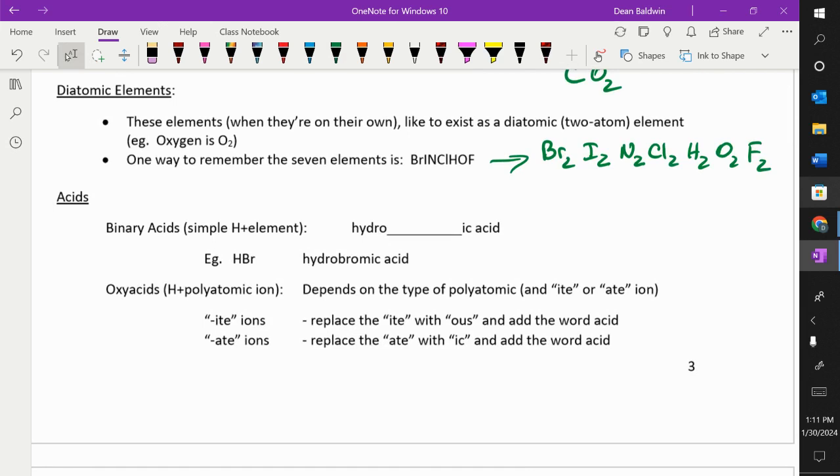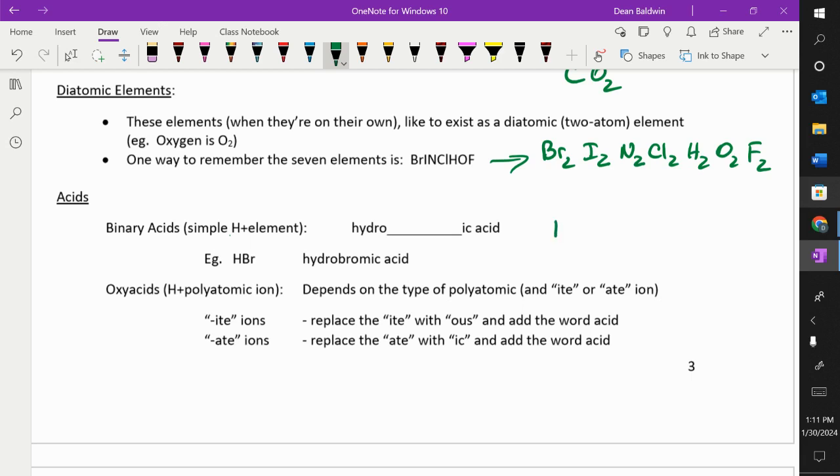And then the last thing, we're doing like 3 or 4 days of naming from Chem 11 in like 7 minutes here. The acids. How do you know if you have an acid? Starts with an H. So if it's a binary, which is usually hydrogen and just an element, like HBr, it's hydro, the atom name, but you change it to ic.